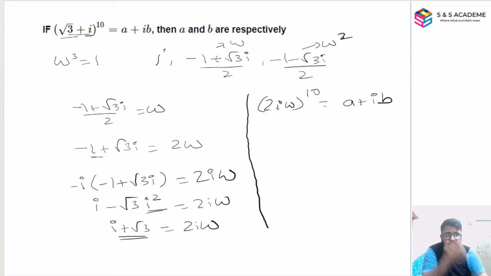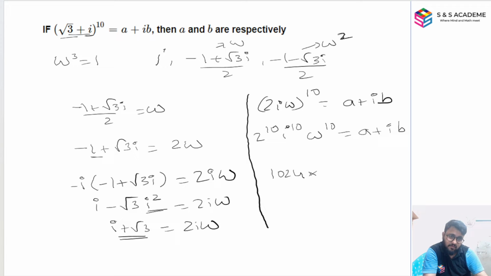Now let's keep it like that: 2 power 10, then i power 10, and we have omega power 10 as well, and this is equal to a plus ib. Now 2 power 10 will give me 1024.